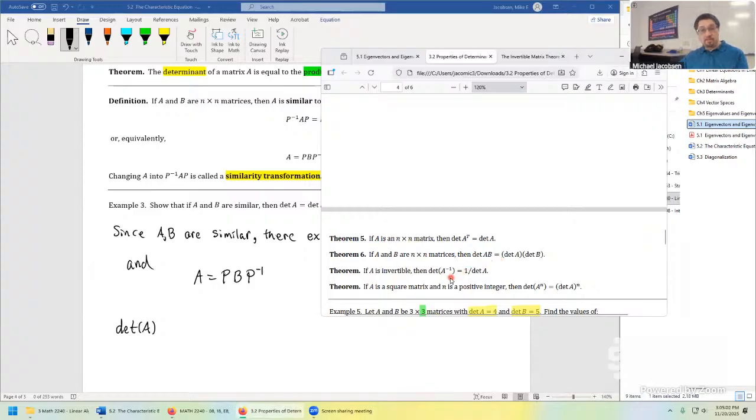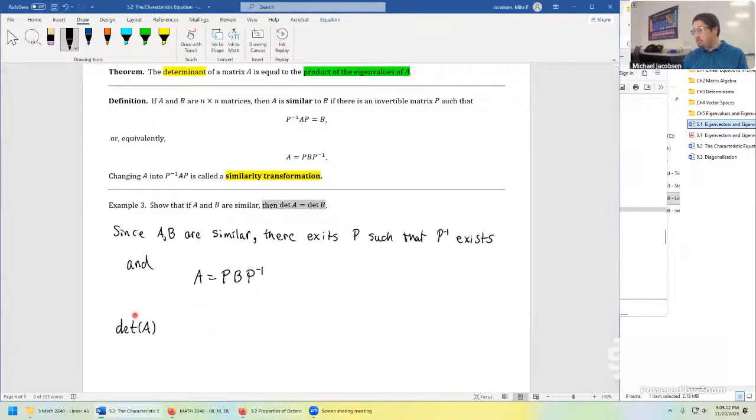At the same time, when an inverse comes up, we can just say it's 1 over the determinant of that original matrix. So using both of these ideas at once, determinant A turns into determinant P times B times P inverse. Now using the factoring property, this is determinant P times determinant B times determinant P inverse.